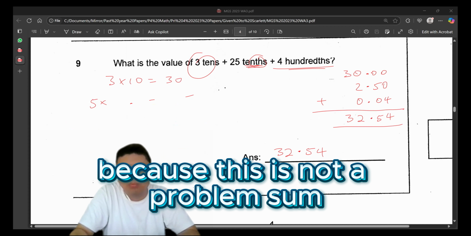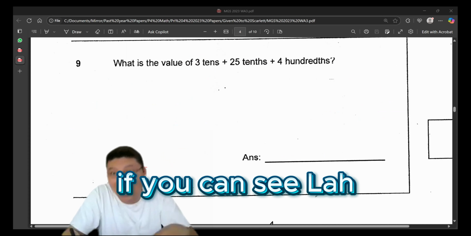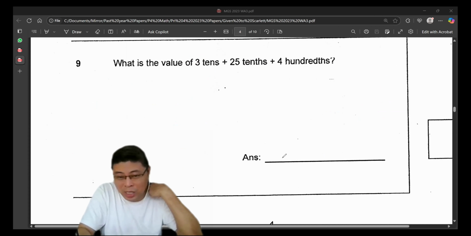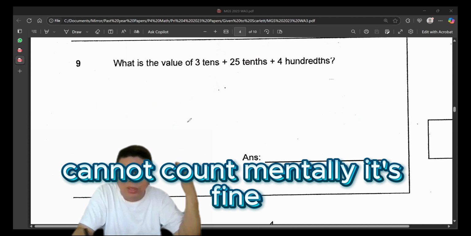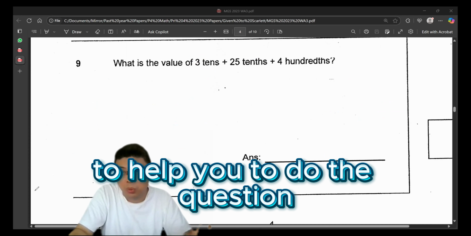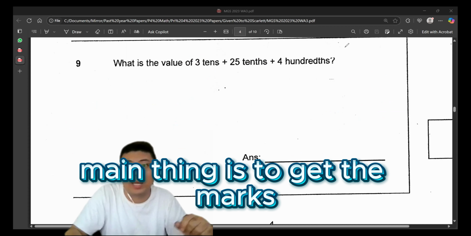No need for working, just write the answer. If you can do those calculations in your head, just write 32.54 immediately, it's okay. But if you cannot count mentally, it is fine. You can write out those steps that I wrote earlier to help you do the question. The main thing is to get the marks.